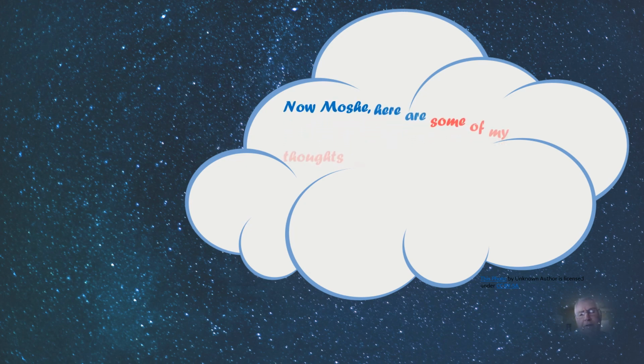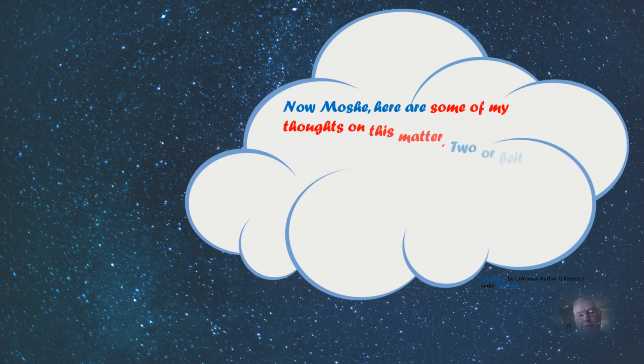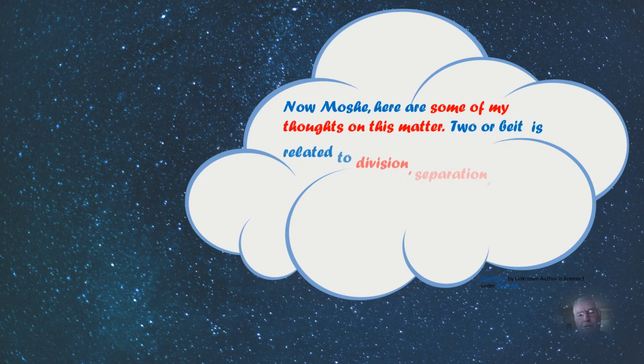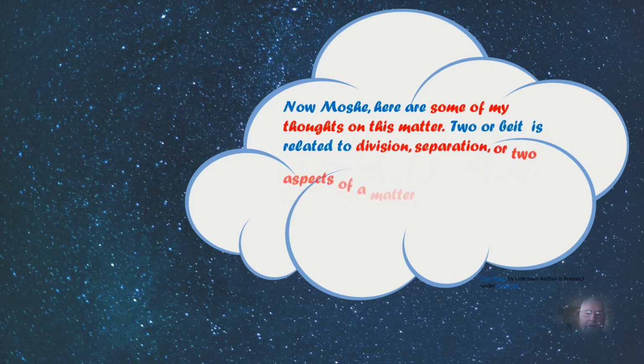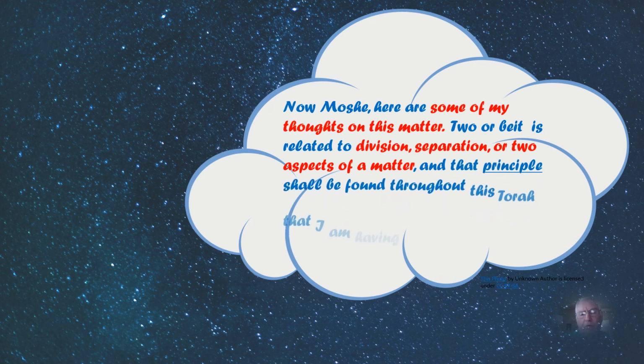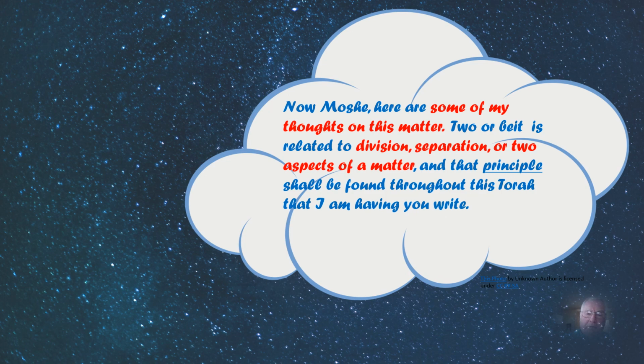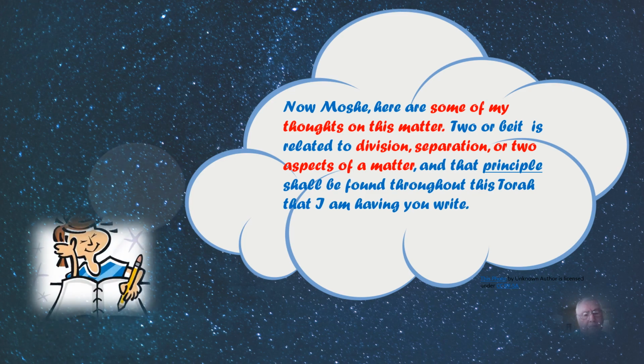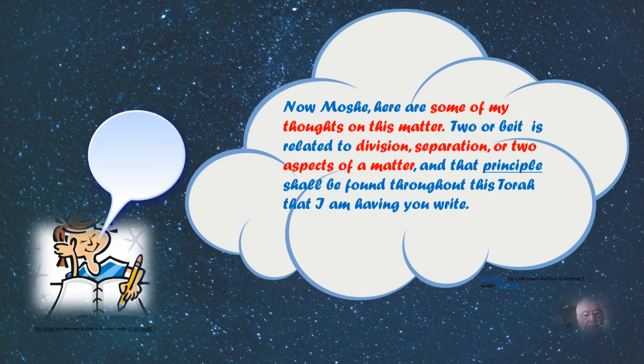Now, Moshe, here are some of my thoughts on this matter. Two or bait is related to division, separation, or two aspects of a matter. And that principle shall be found throughout this Torah that I am having you write. Okay, I got that.